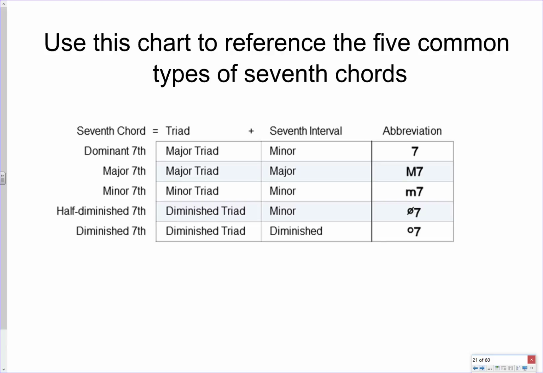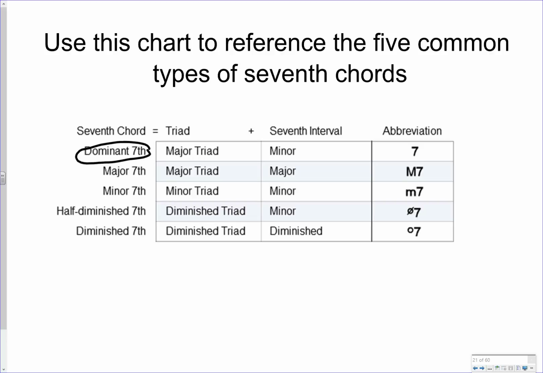The only one really left to talk about more in depth and to study and construct and build is the dominant seventh. That's what we have left. Really, really important seventh chord. So I'm going to address that in a separate video on its own. So you should be familiar with this. You should now at this point know the intervals that make up a major seventh chord and the abbreviation associated with it.